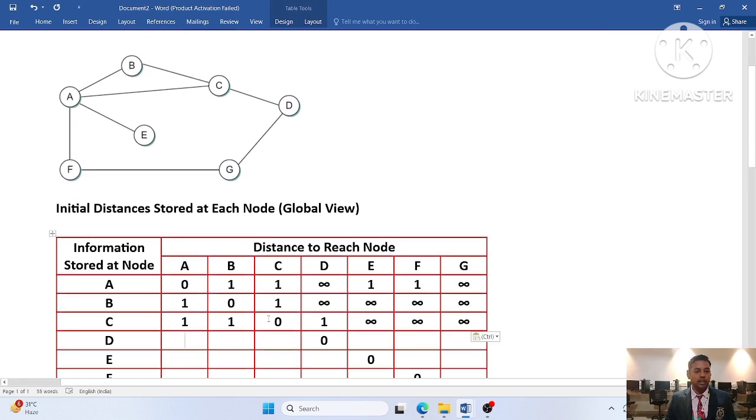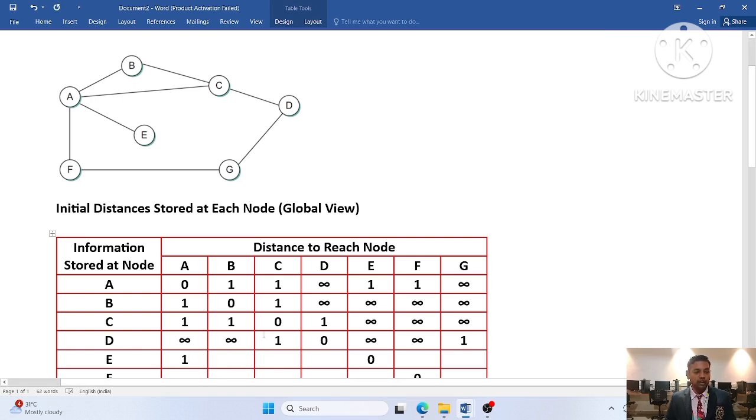So for the router D, D to A there is no direct link, so infinity. D to B there is no direct link, so infinity. D to C there is a direct link, so 1. And D to E there is no direct link, so infinity. D to F no direct link, infinity. D to G there is a direct link, so 1. For the router E, E to A is 1.